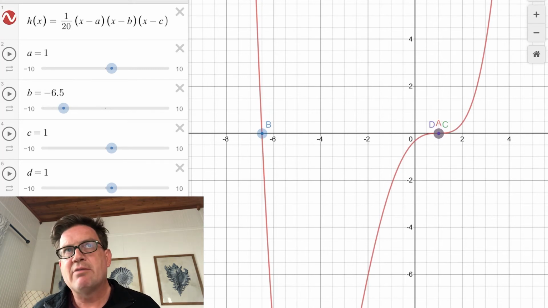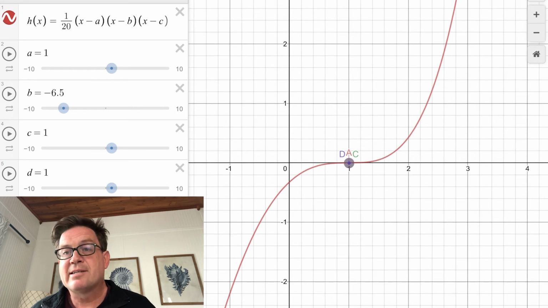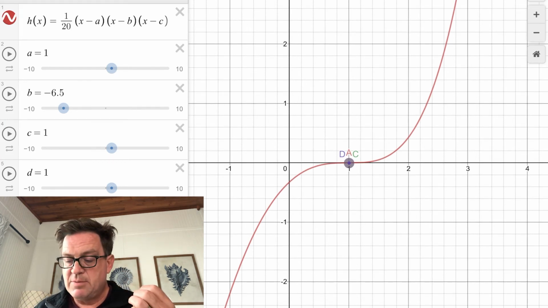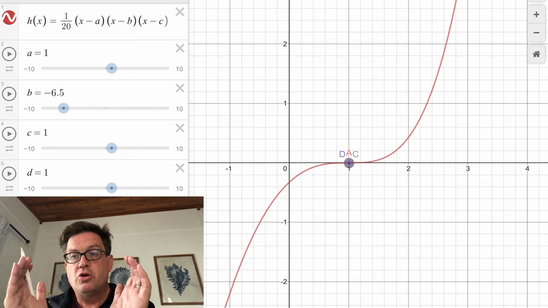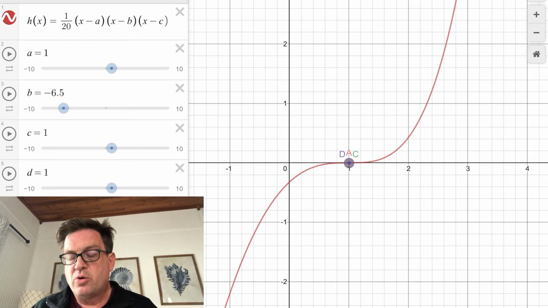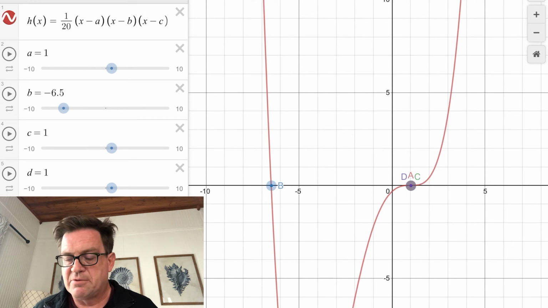It doesn't have 3 peaks and valleys anymore because 3 of them have combined into a single thing, and that looks like x cubed. If it's 3 roots together, that's going to be an x minus 1 cubed term, x minus 1 times x minus 1 times x minus 1. So close to that point, it looks like a cubed function. And then you've got another root over here on the left that brings it back up.